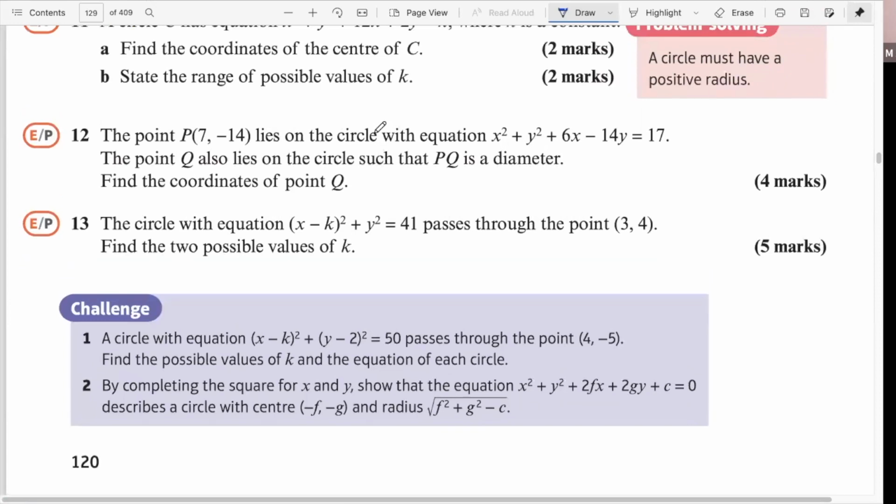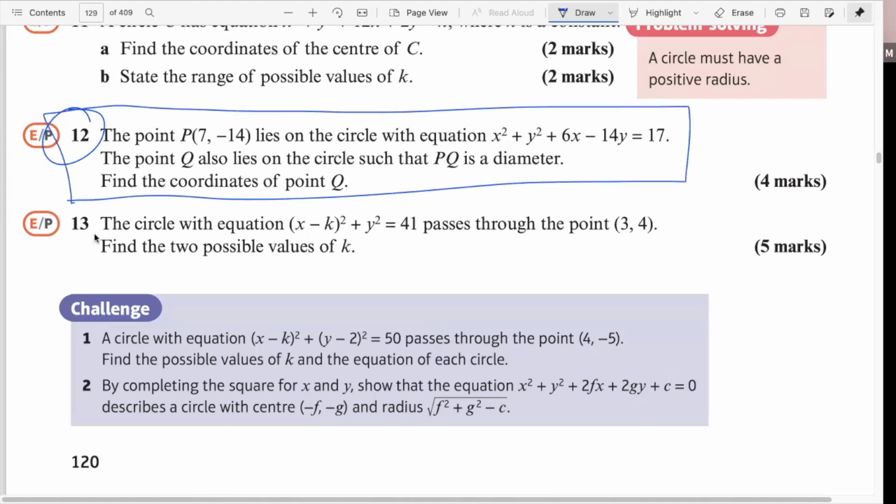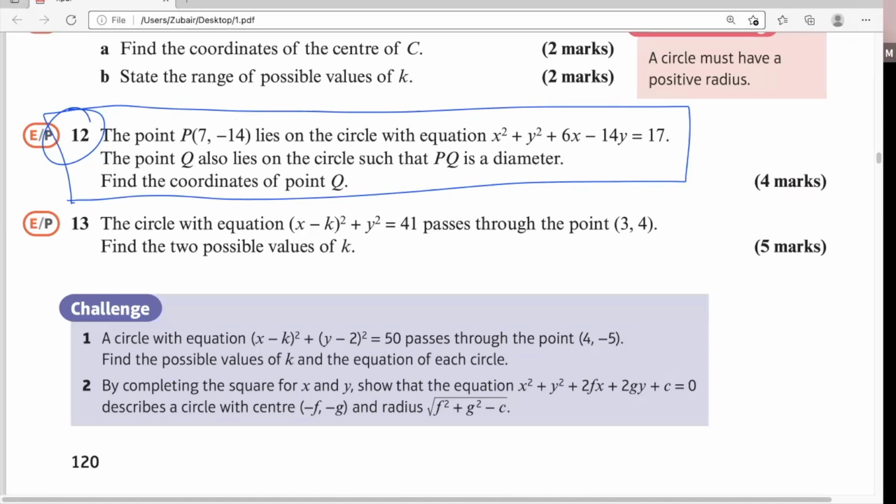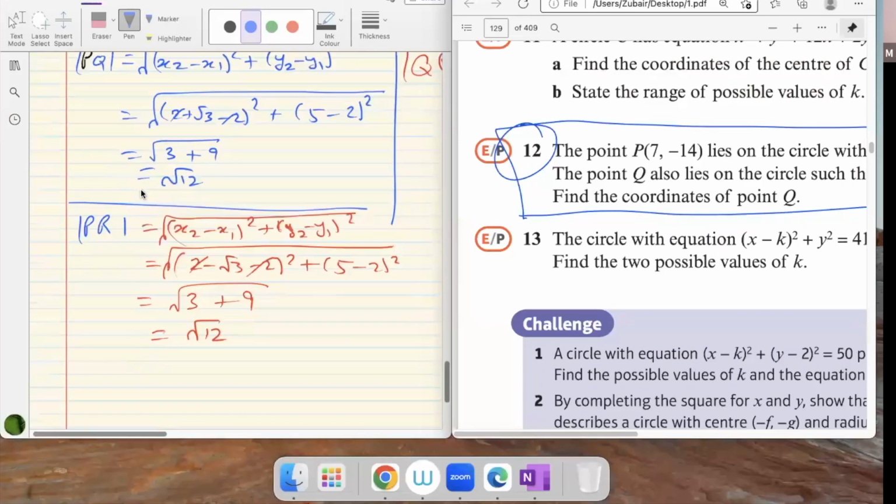Question number 12. Just try to imagine. Okay, now let's collect the data and then solve.